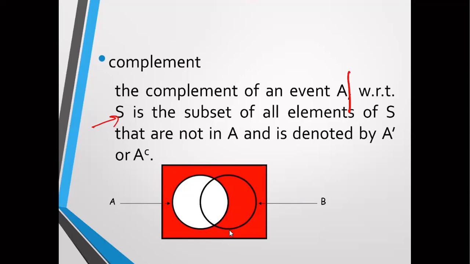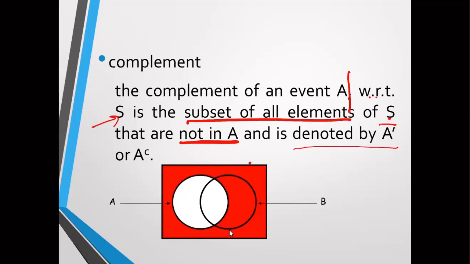The complement of an event A with respect to the sample space is the subset of all elements of S that are not in A, and is denoted by A dash or A complement. Did you understand it? That means the complement of A is the subset of all elements of S that are not in A.